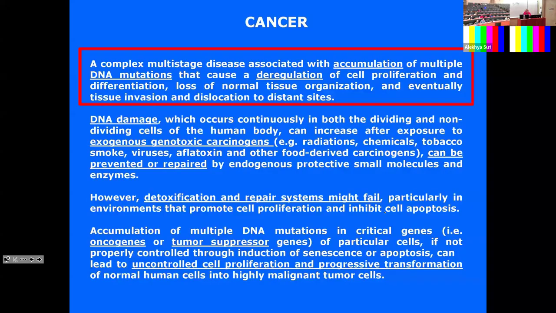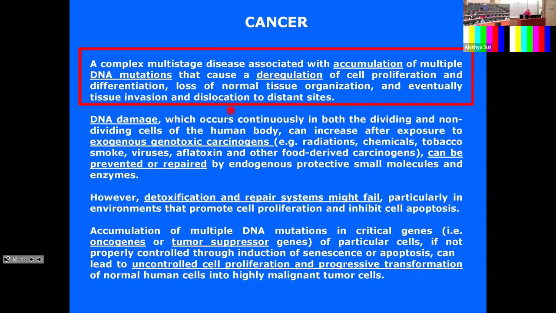What happens is that these mutations will lead to deregulation in cell proliferation, in differentiation, and also, as we will see later, in apoptosis. So we are going to see all the hallmarks of cancer and how these are deregulated based on different mutations in different genes.